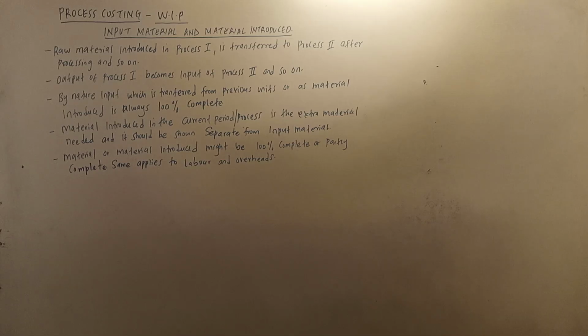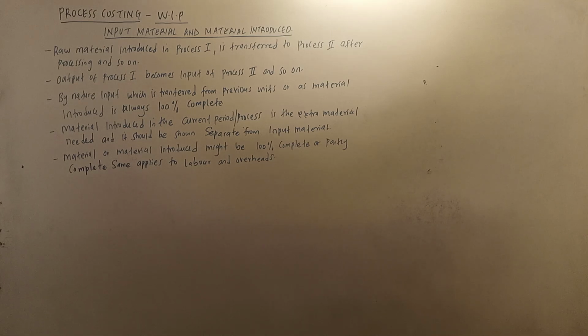Material introduced in the current process is the extra material that we need in that process, and remember, it is shown separately from input. Input is always 100%, as I said, but for material introduced, it can be either 100% complete, or you may find it is not 100% complete. That depends on the level of completeness.